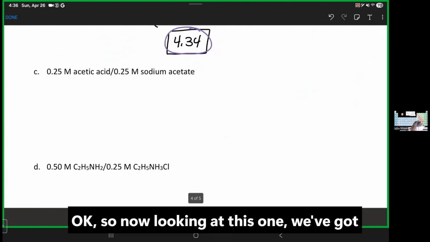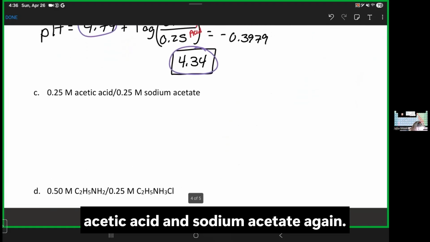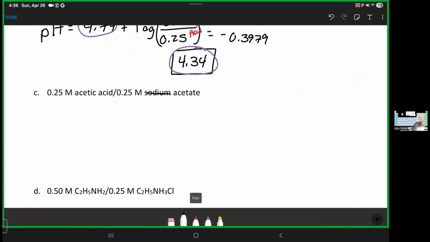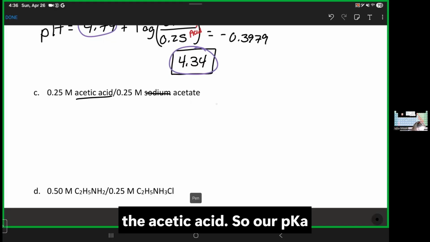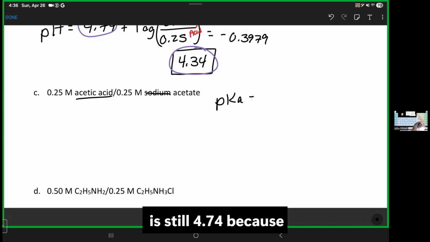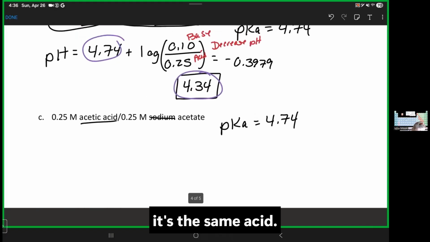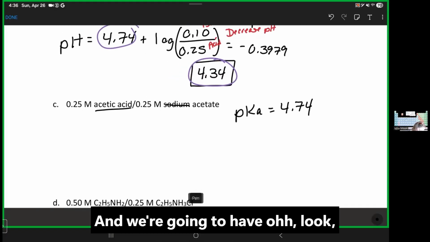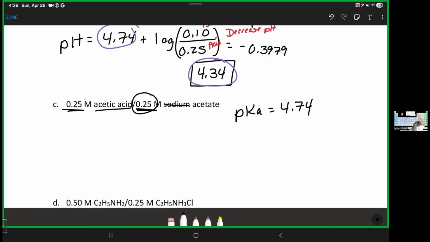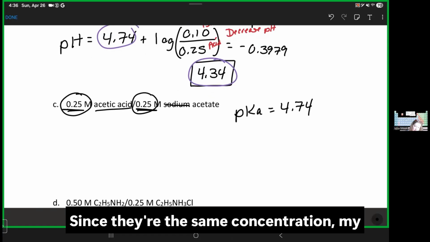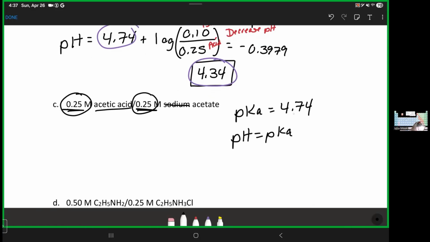Okay, so now looking at this one, we've got acetic acid and sodium acetate again. So again, Henderson-Hasselbalch, it's the acetic acid. So our pKa is still 4.74 because it's the same acid. And we're going to have, oh look, they're the same concentration. Since they're the same concentration, my pH equals my pKa.